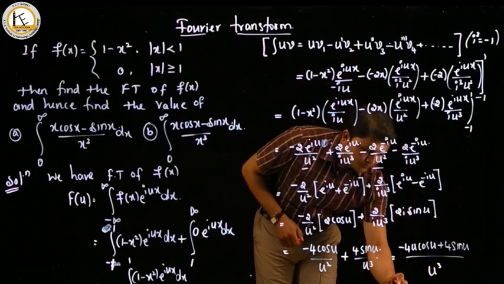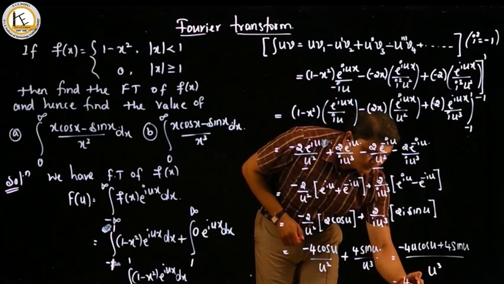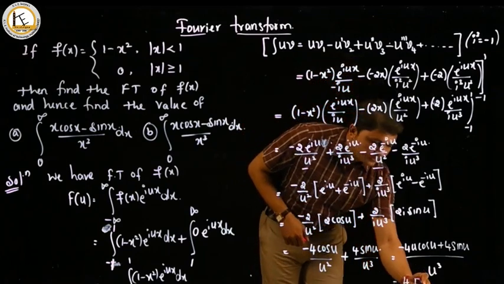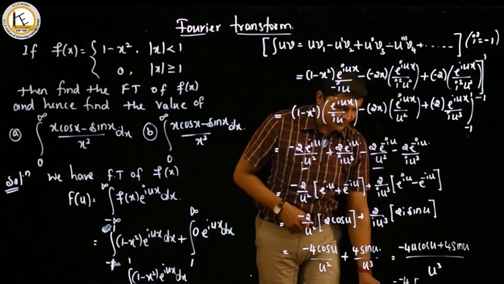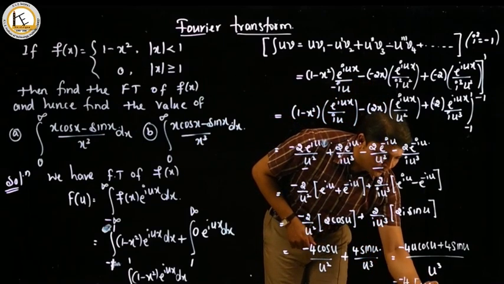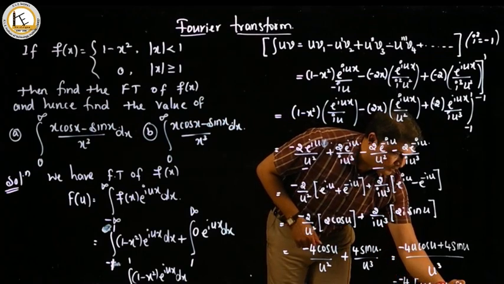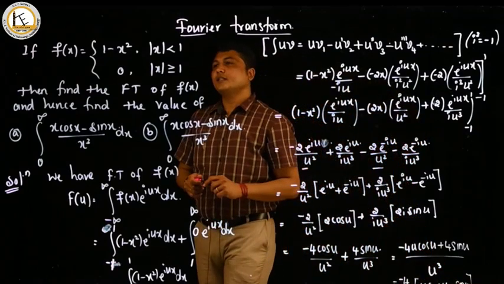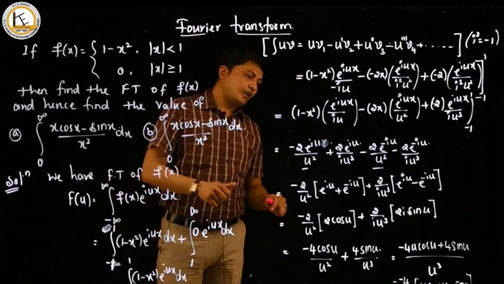Taking 4 by u cube as common, we have here minus 4 by u cube, I will take common, so the remaining is u into cos u minus sin of u. So this is the Fourier transform of the given function f of x.